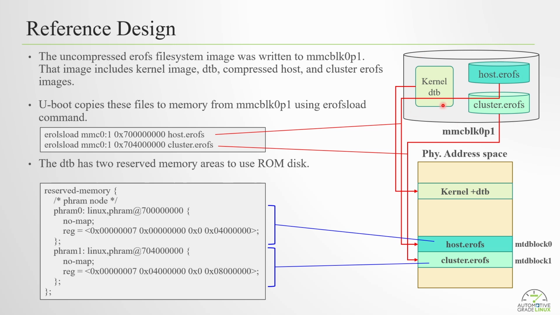That image includes the kernel image with DTB and the compressed host and cluster EROFS images. U-Boot copies this file to memory from MMC block 0p1 using the EROFS load command. The DTB has two reserved memory areas to use for the ROM disk.